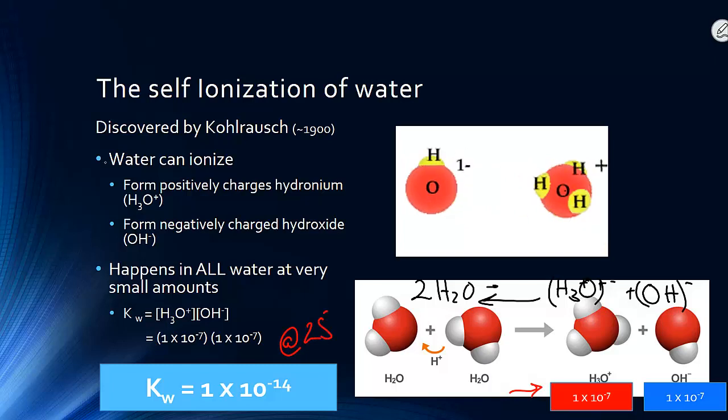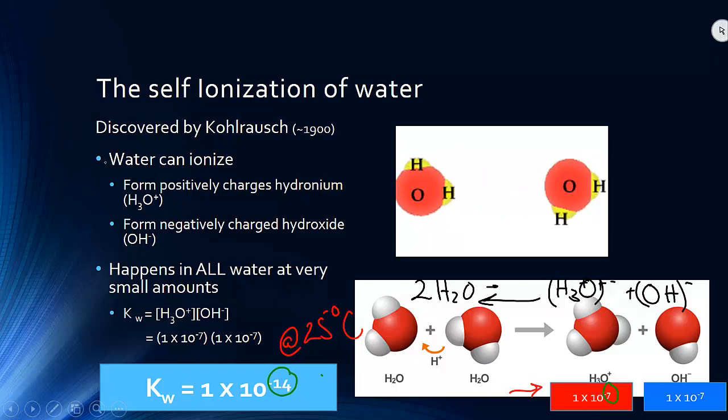Standard conditions would be the conditions at which we usually conduct an experiment, which is about 25 degrees Celsius. So as long as you're at 25 degrees Celsius, water has a self-ionization constant of 1 times 10 to the negative 14th. And right there, you might start drawing some ideas about where that 7 or 14 came from.